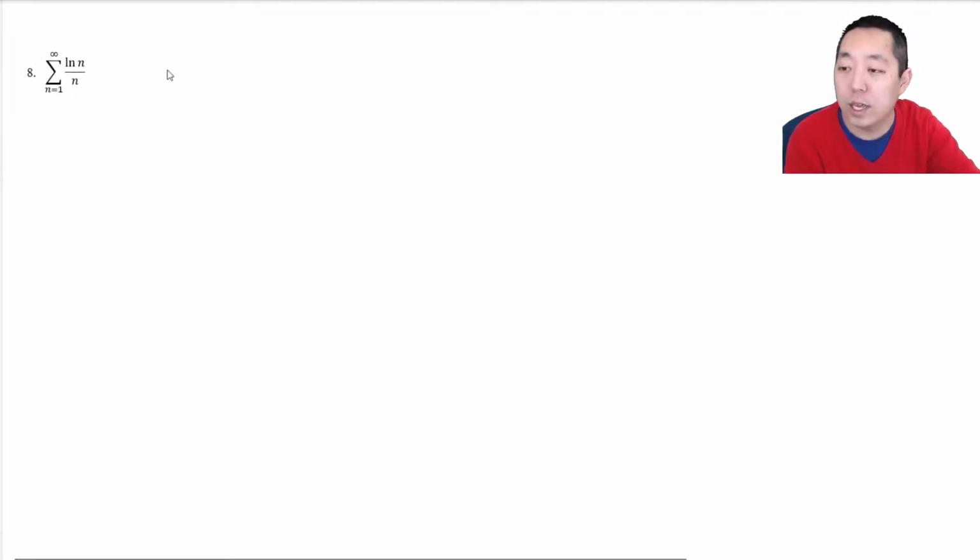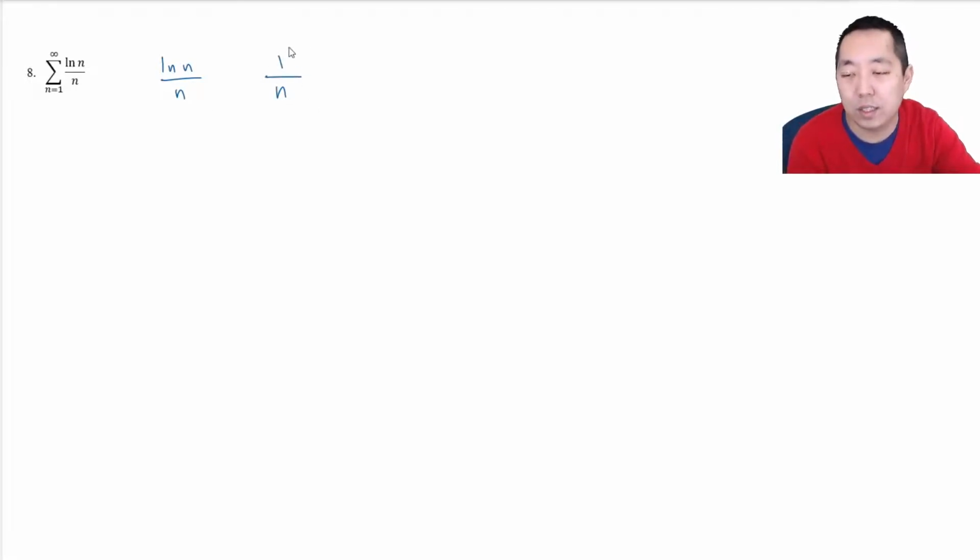So same with this ln n over n. I want to maybe compare to 1 over n. And this is why this test is kind of hard. You have to gauge it a little bit. In general, I know this one diverges by the p-series test. This one diverges, and so how does this compare? Well, ln of n is definitely bigger than 1 for values bigger than 1.